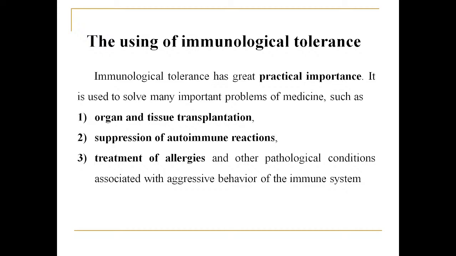The second is in suppression of autoimmune reactions, autoimmune diseases, and the third one is in treatment of allergies and other pathological conditions associated with aggressive behavior of the immune system.